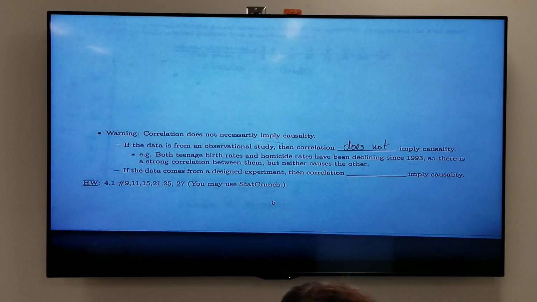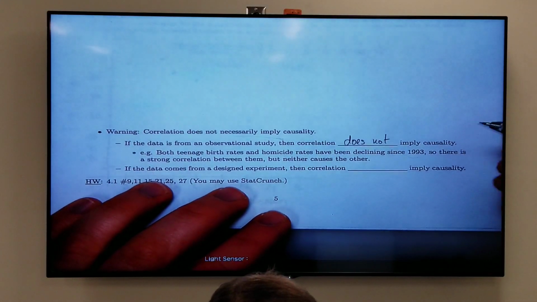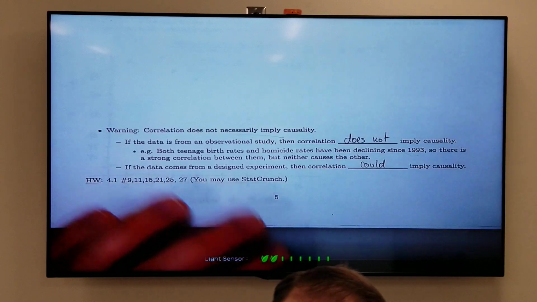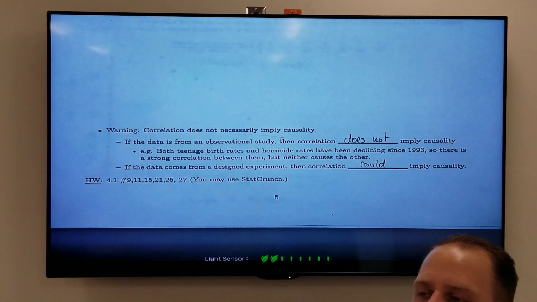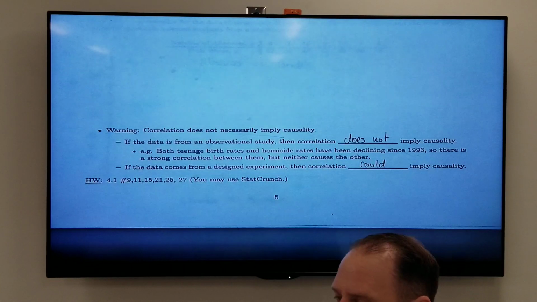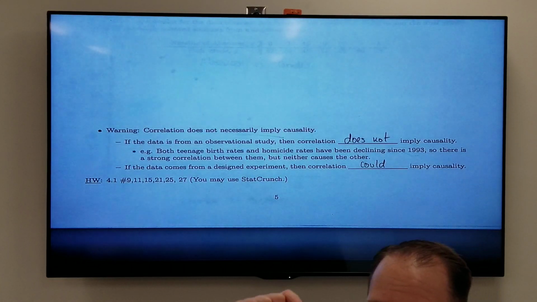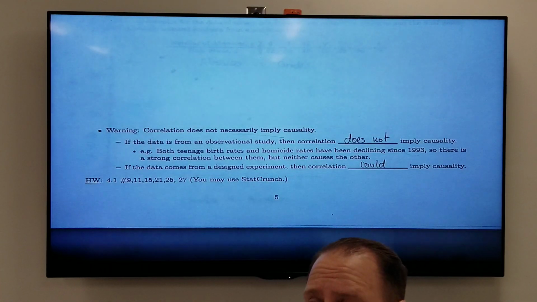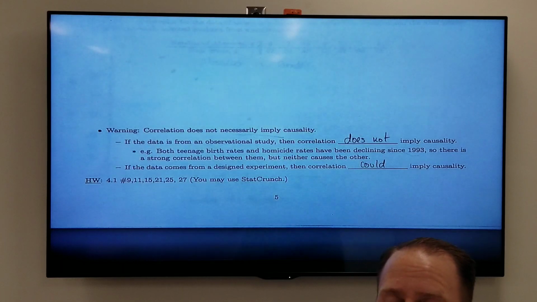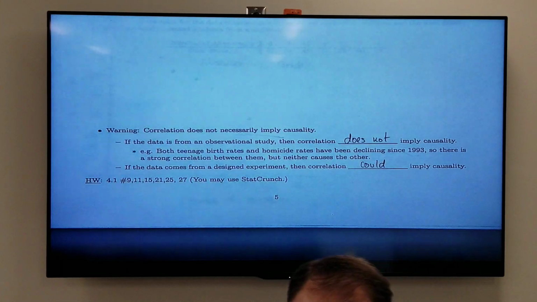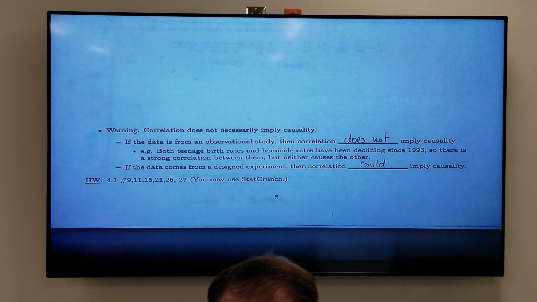Okay, so if the data comes from a designed experiment, then correlation could imply causality if all of your lurking variables are controlled, right? So if all other variables are controlled and you change an explanatory variable and the response variable also changes, well then you know it was the change in the explanatory variable that caused that response, right? So that's that, right?